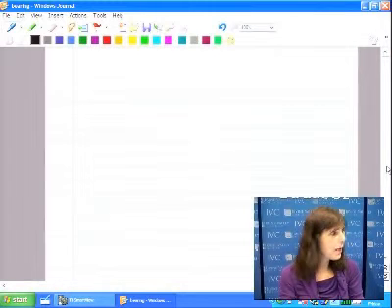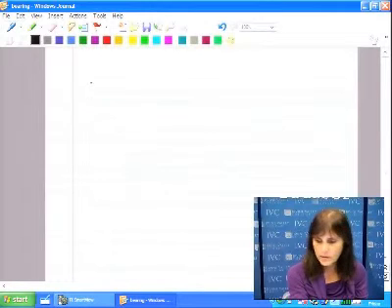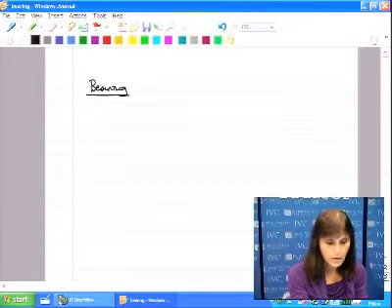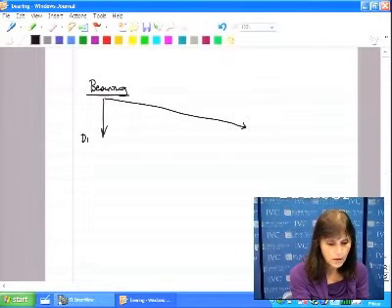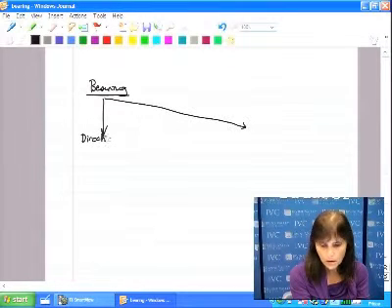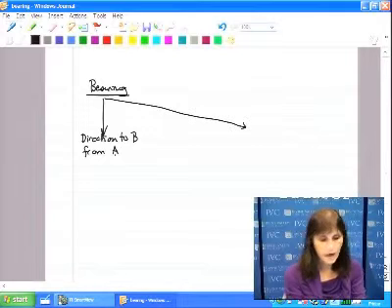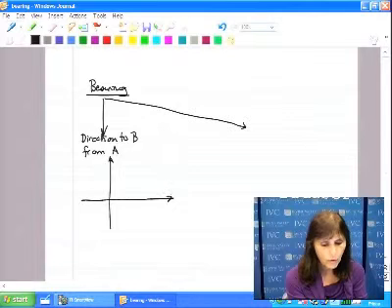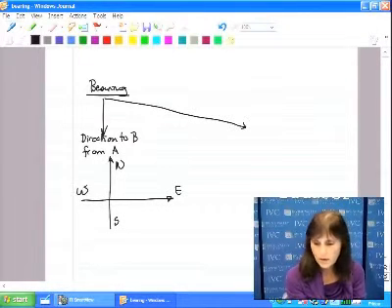You can talk about bearing two different ways. One way is direction to a point from a previous point. And you usually do that with knowing which directions are north, south, east, and west.